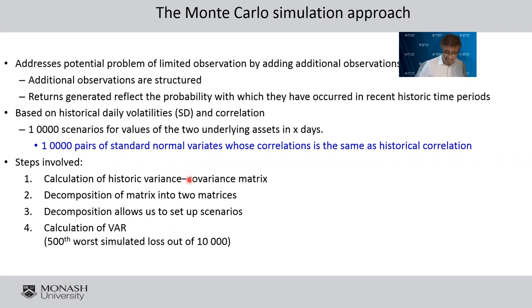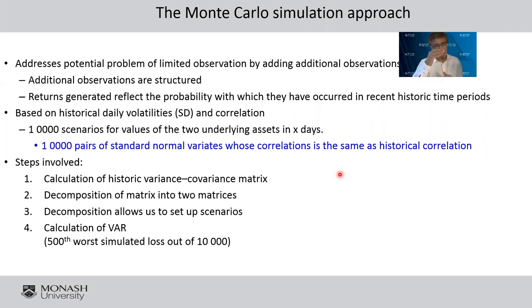From the 500 days which we have, the actual days, they can produce 10,000 or 20,000. And then you do what you have done in the historical simulation. But in this case, you will list 10,000 simulated observations, and you will take the worst 500 days, which is 5%.